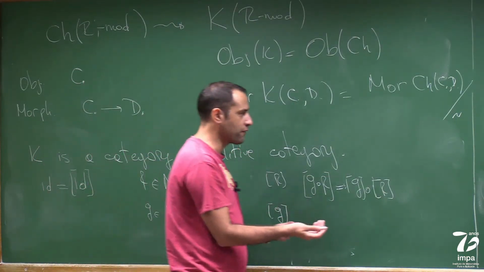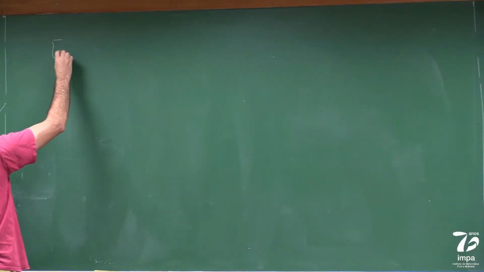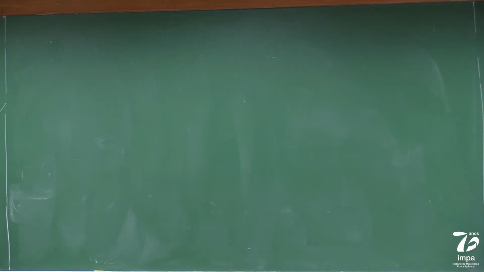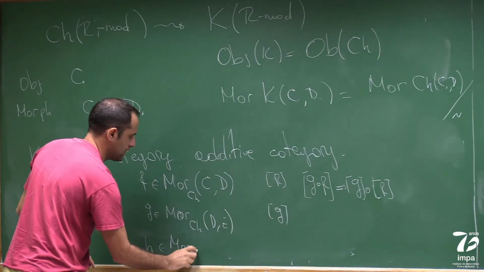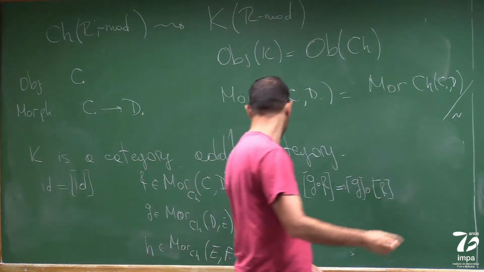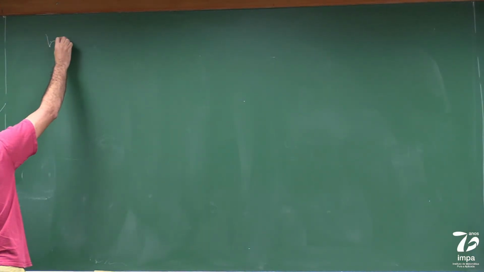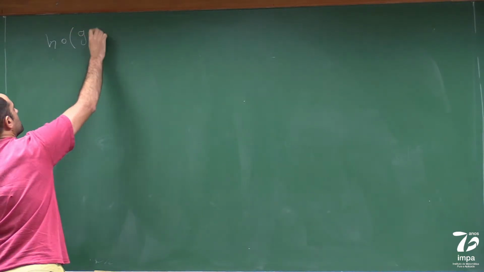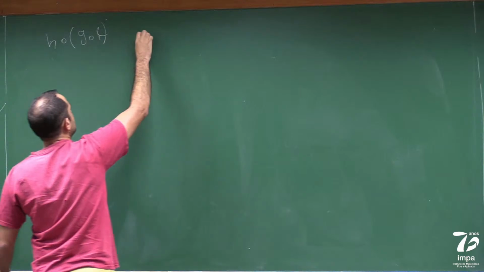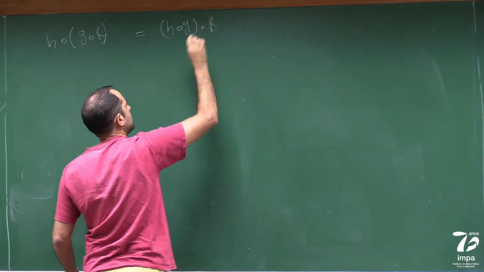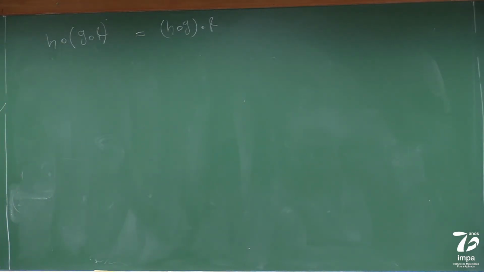So if I have three morphisms now, G, H, and F, so suppose I have H, a morphism in the category of chains from E to F, then H composed with G composed with F is equal to H composed with G composed with F, and this happens in chains because chains is a category, and I take classes on both sides.